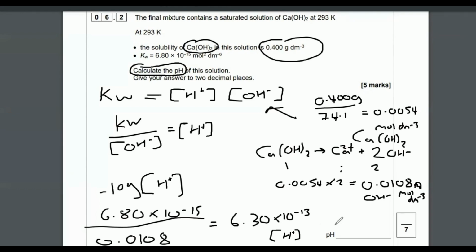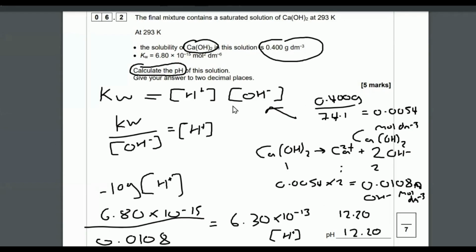Okay, so once I minus log the answer, I'm going to get 12.20. Yeah, it says to 2 dp, so 12.20, I believe. I did a bit of rounding there, but there we go. 12.20, and there you go.